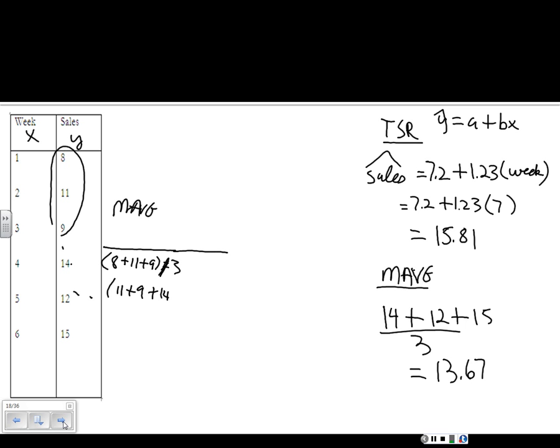That should be divided by 3 right there. And then for week 6, we'll have 9 plus 14 plus 12. Again, divided by 3. And I got those to be 9.33, 11.33, and 11.67.